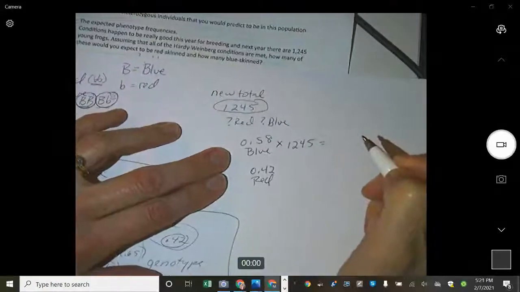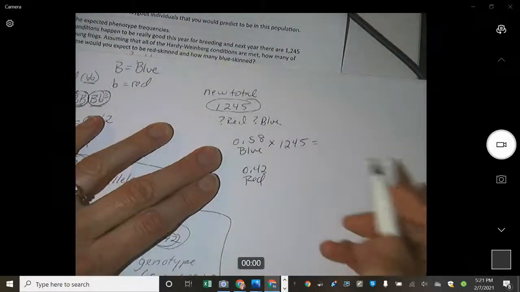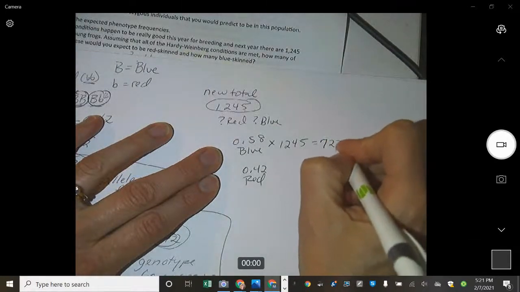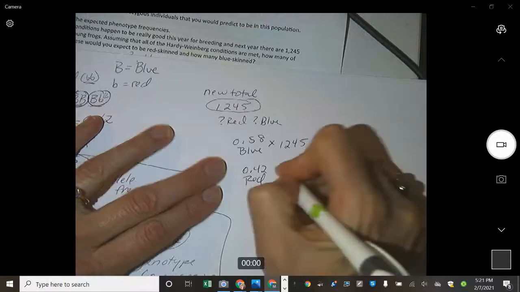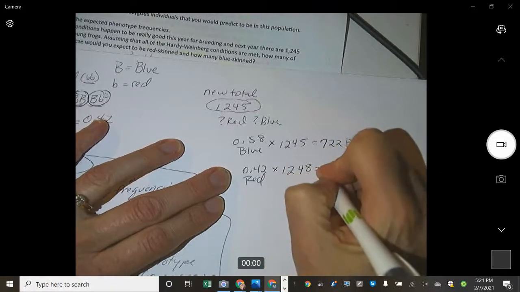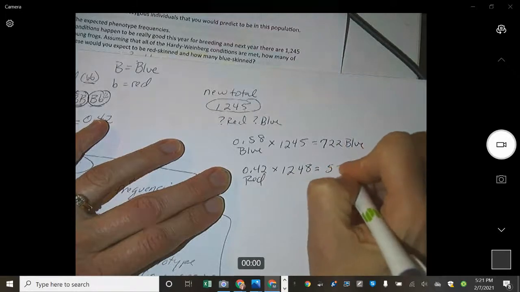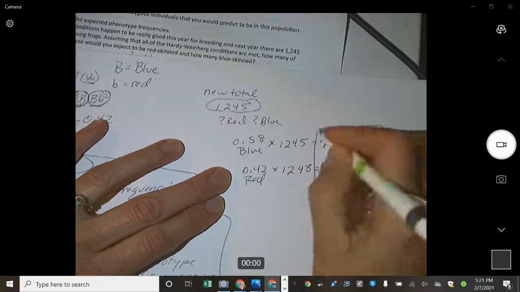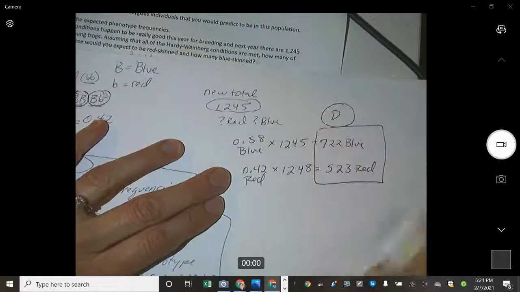So when I multiply those out, my blue ones are going to be 722. And 0.42 times my total, it looks like 523 are going to be red frogs. So that's part E. All right, yay?